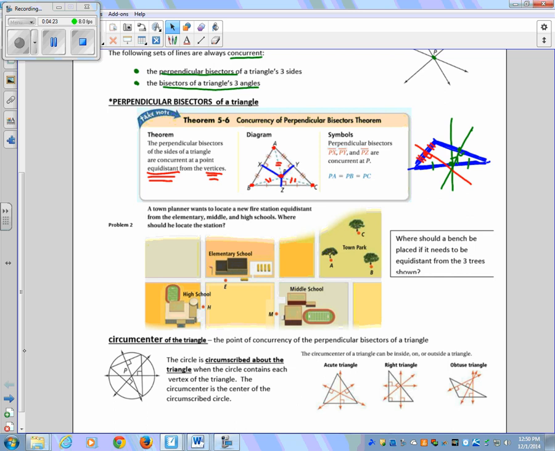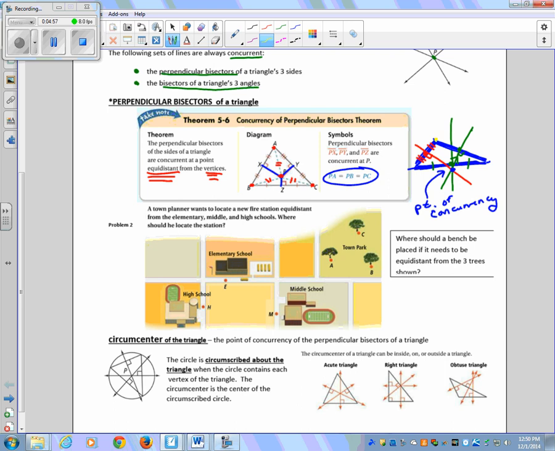In every case, every single time, all of those perpendicular bisectors are going to come together at one point, and that's the point of concurrency, since they all three meet together at one point. But what this theorem says is not only do they do that, but that point marks the exact equal distance from each vertex of the triangle.